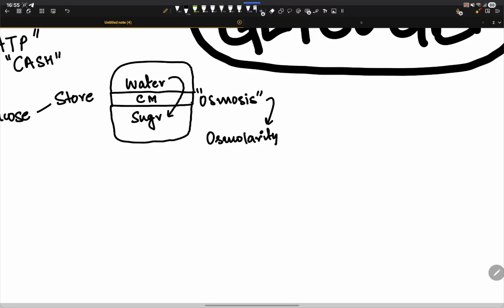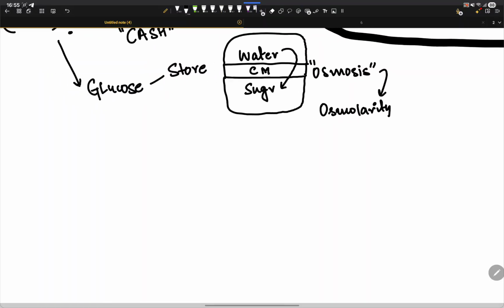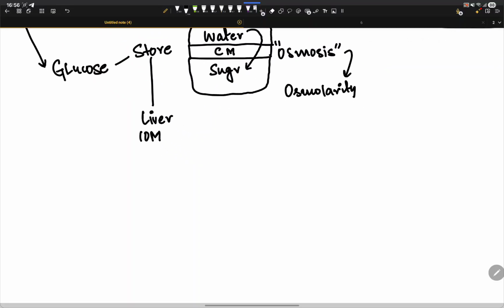Now the question is, suppose your liver has, I don't know, 10 million separate glucose molecules. It has a lot of glucose molecules. What would happen now? Inside the liver cell, the particle concentration is enormous, right?